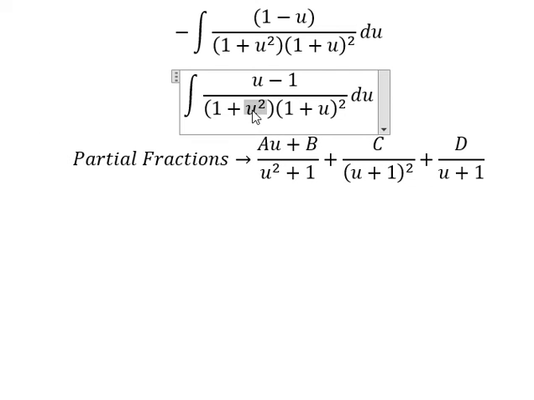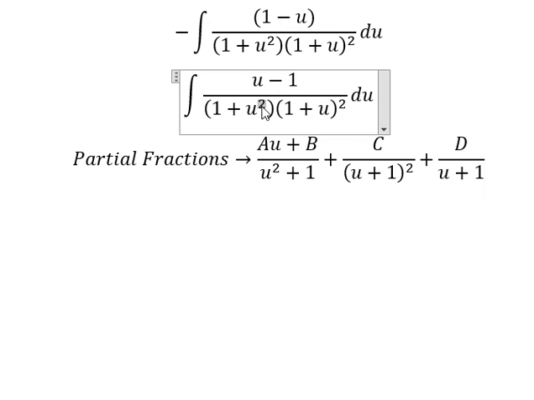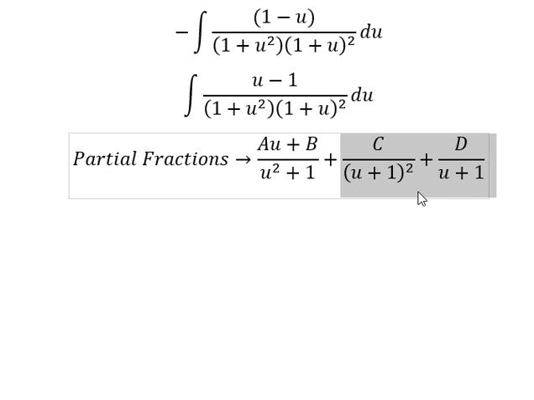Because we have the power 2 on u, we need to have au plus b. We just reduce the power from 2 to 1, reduced by 1. This one has the power 2 here, that's why we need two fractions of u plus 1.